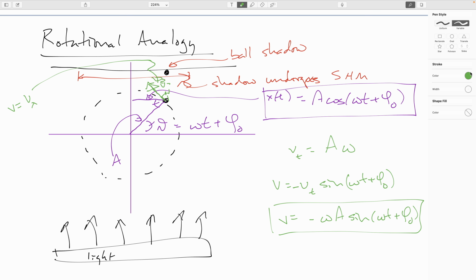And I think you can guess where this is going, but now let's do this for the acceleration. My acceleration vector is going to point like that. And again, the acceleration of the shadow is just going to be the x component of it. So a sub x is what I'm going to call a here. That's going to be the x component of the centripetal acceleration, but the centripetal acceleration is the radius times omega squared.